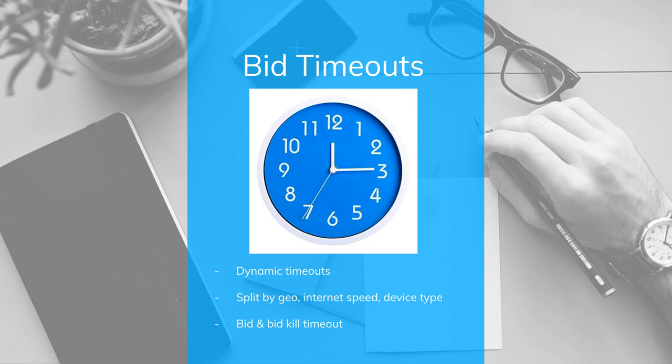So we run all these different variations of timeouts, and with our machine learning technology, come up with the best timeout per segment. And this is also balanced with page performance metrics, because it isn't just about RPM in this case, it's also about having fast loading pages to maximize the user experience.